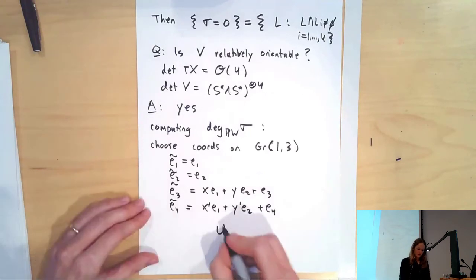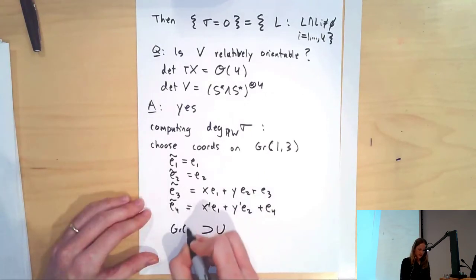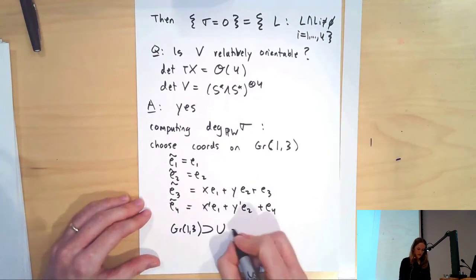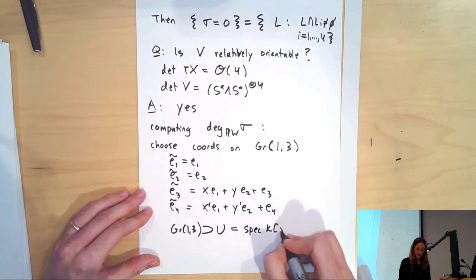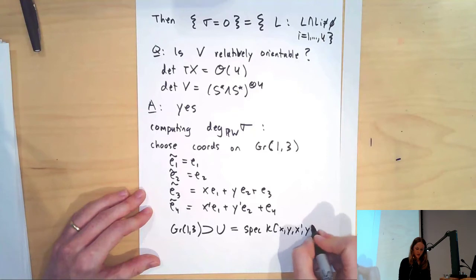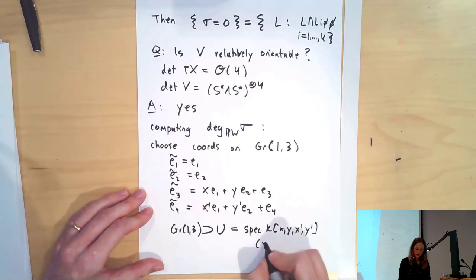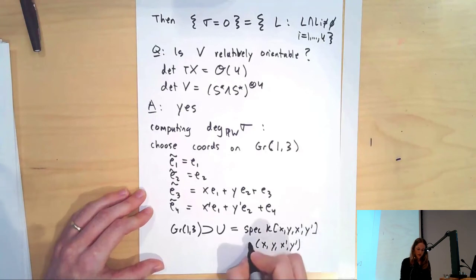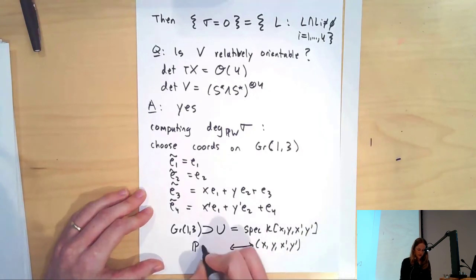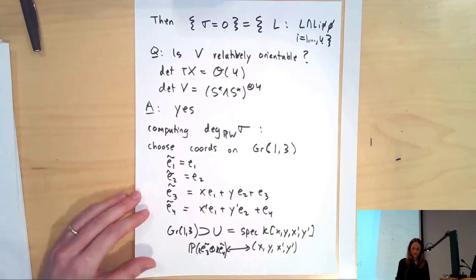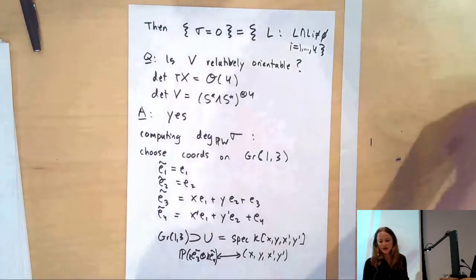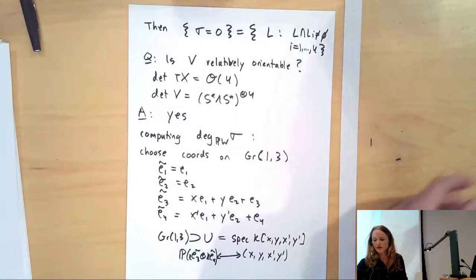And then we have an open subset of the Grassmannian from Spec K, X, Y, X prime, Y prime, where the coordinates X, Y, X prime, Y prime correspond to the projectivization of the span of E3 twiddle and E4 twiddle. So those are some coordinates.